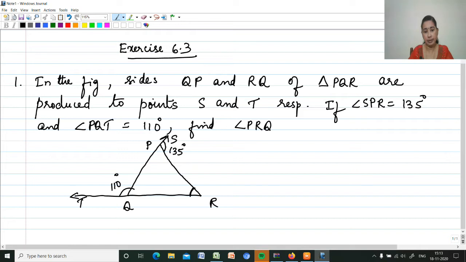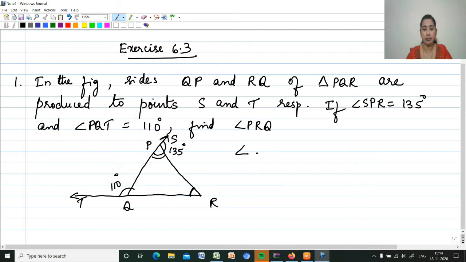Now we know that this is a straight line, that is QPS is a straight line. So we can find angle QPR, because it is a straight line, so the total angle sum will be 180 degrees.